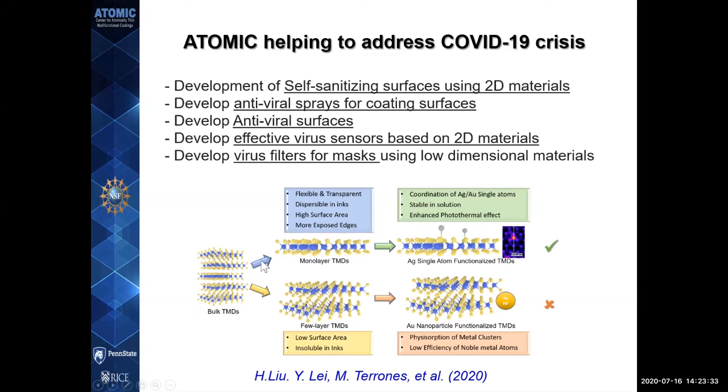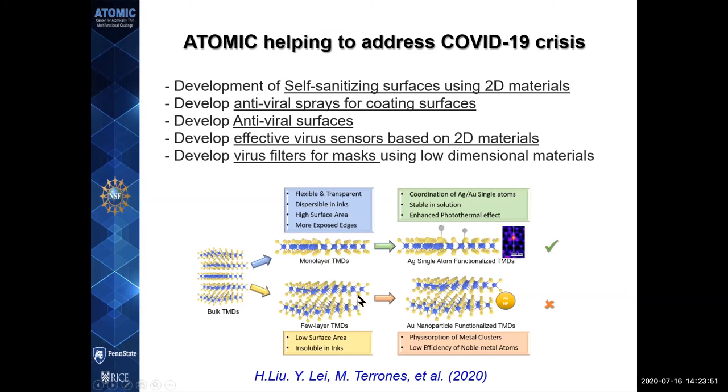Can we use these 2D materials? Can we use functionalization of metals like copper or silver, and can we make these materials antiviral? Can we develop these antiviral surfaces?